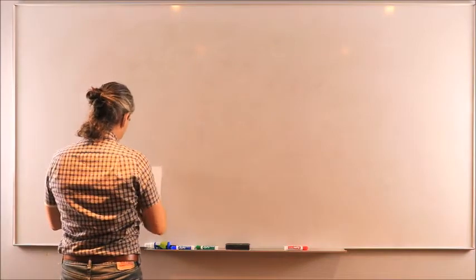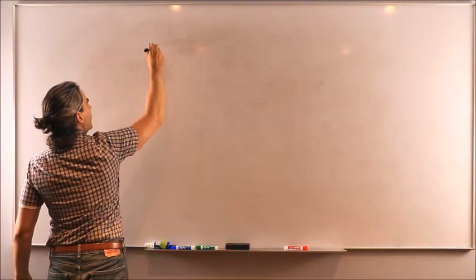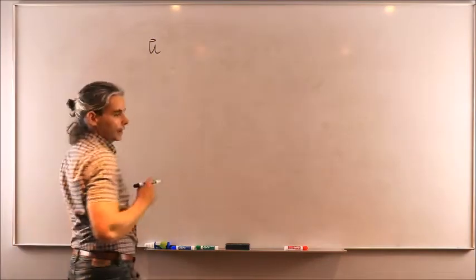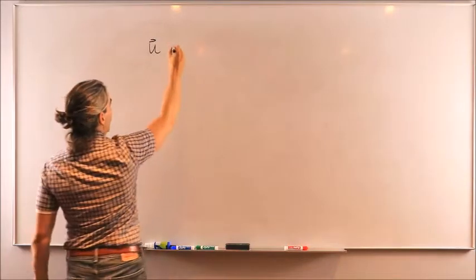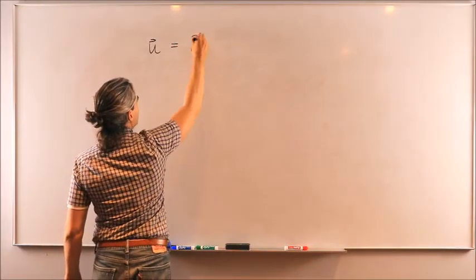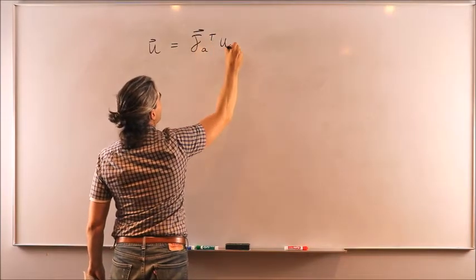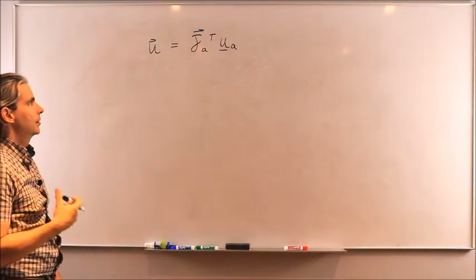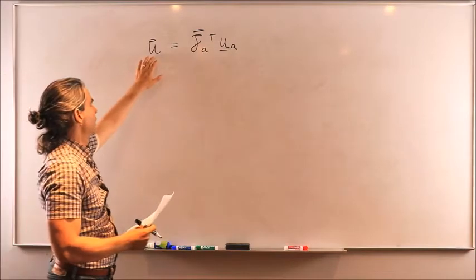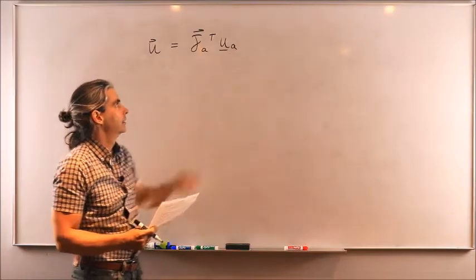So to discover that, we will express vector u in terms of its components in reference frame A. And hopefully you didn't forget how to do it. Do the transpose of vectrix A times a 3 by 1 matrix filled with x, y, z components of this particular vector measured along ax, ay, az respectively.